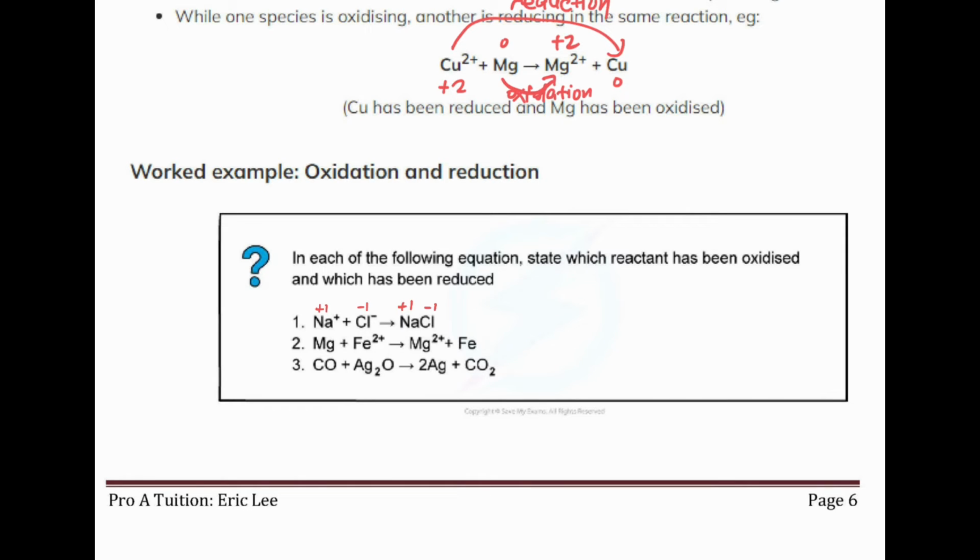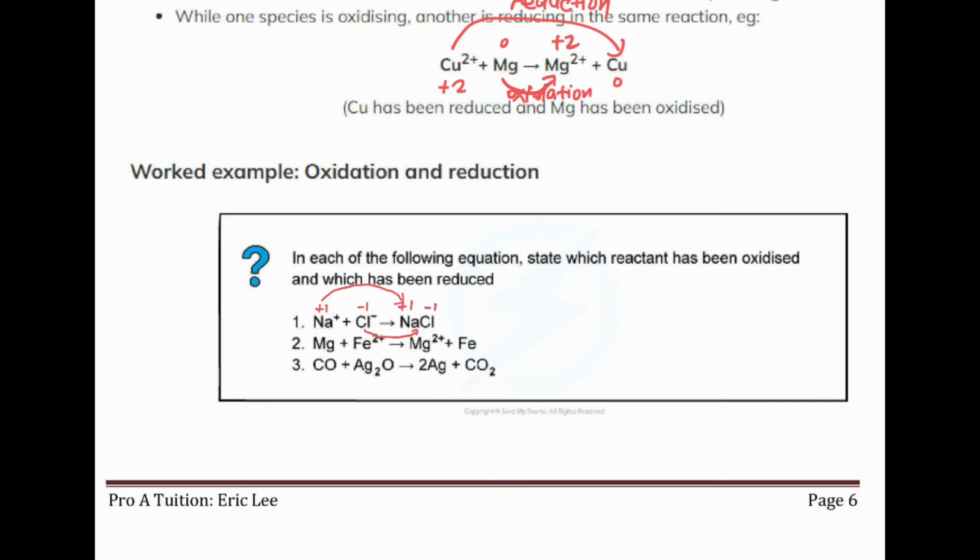So what we can say is there is no change. Positive 1 to positive 1, negative 1 to negative 1. So there is no change, and I have to say that this is not a redox reaction.